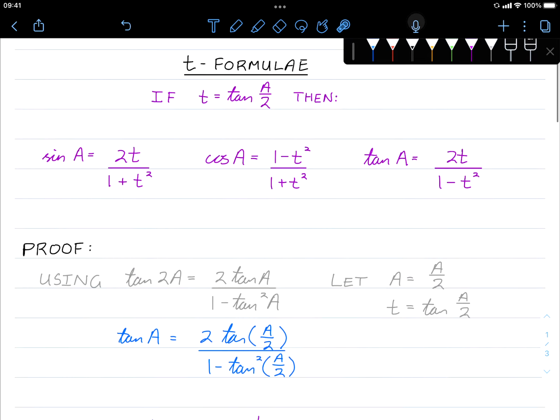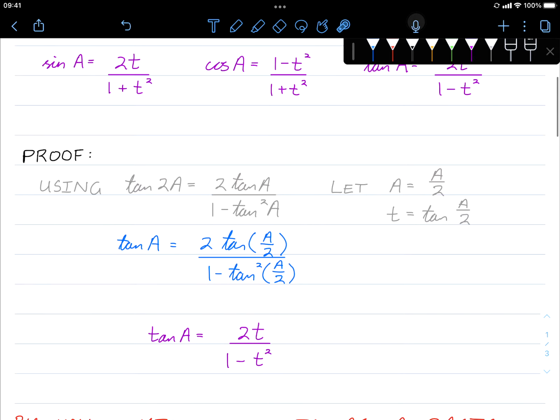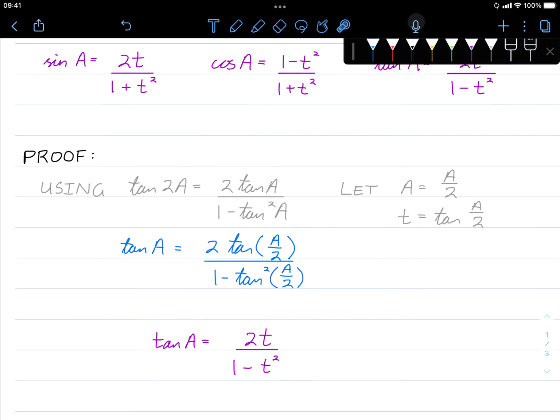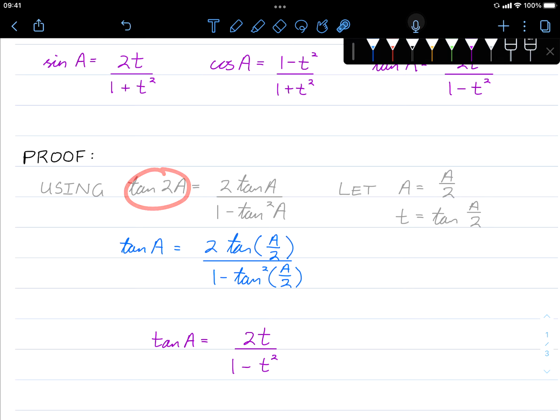So we're going to use the double angle identity for tan. You can check this in the previous videos that tan 2a is equal to 2 tan a over 1 minus tan squared a.